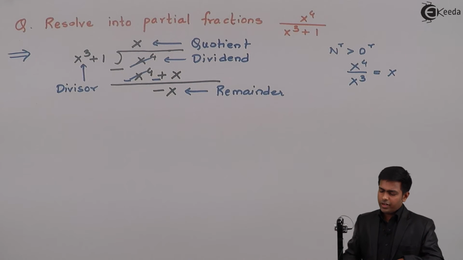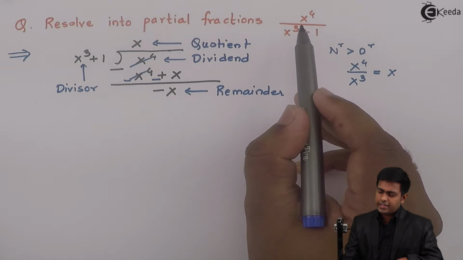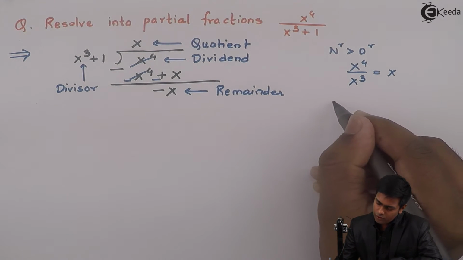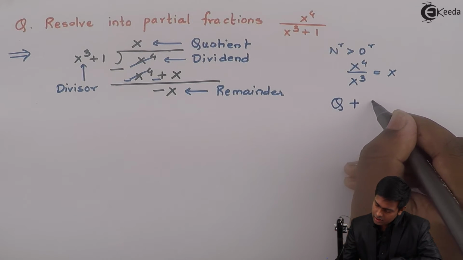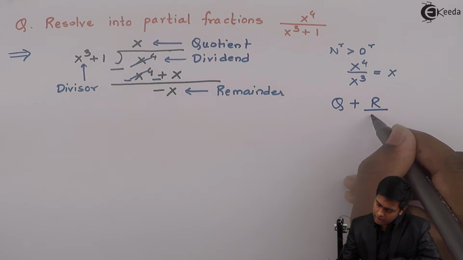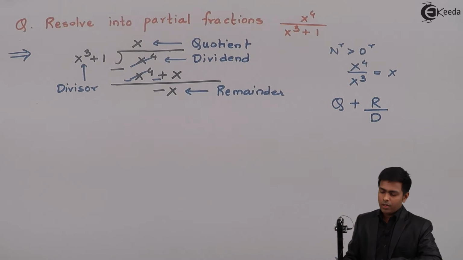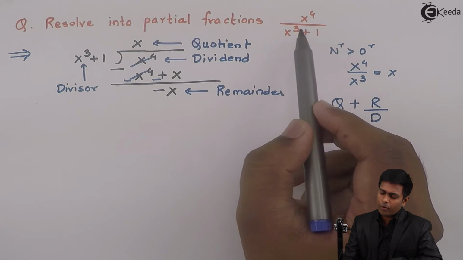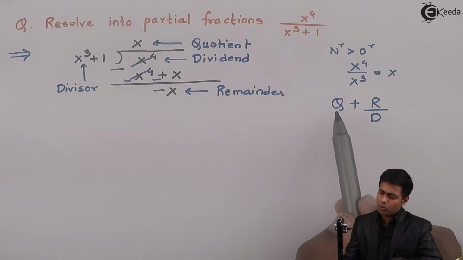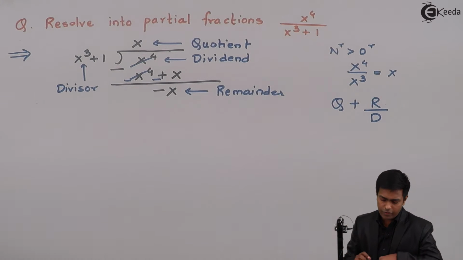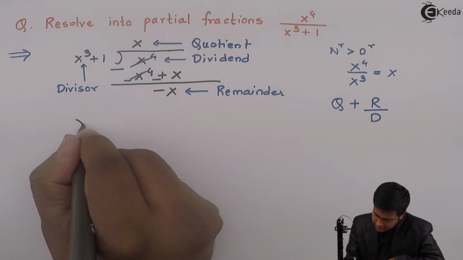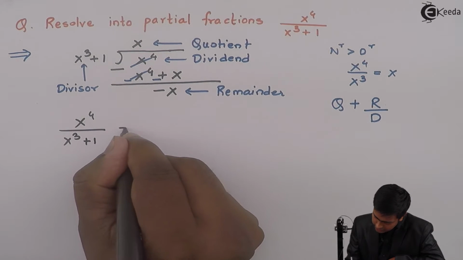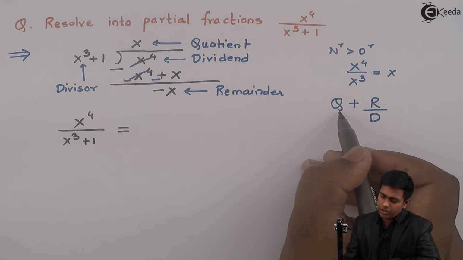So now we will represent the x raised to 4 upon x cube plus 1 term in the form of quotient plus remainder upon divisor. So by representing x raised to 4 upon x cube plus 1 in the form of quotient plus remainder upon divisor, we get x raised to 4 upon x cube plus 1 is equal to, now what is the quotient?